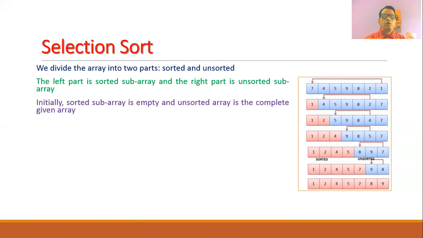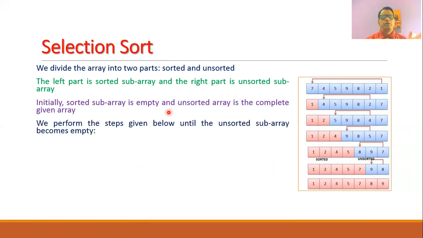Now, initially, all the elements will be in the unsorted array, and the number of elements in the sorted array will be zero, or there will be no element in the sorted array. Now, we will perform certain steps so that we can shift the elements from the unsorted array to the sorted array.